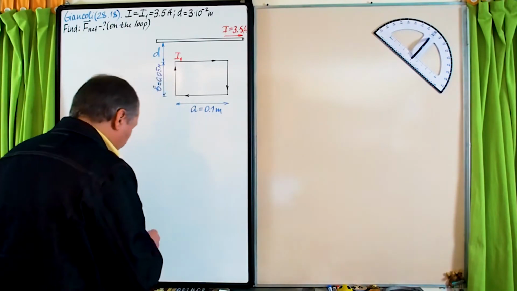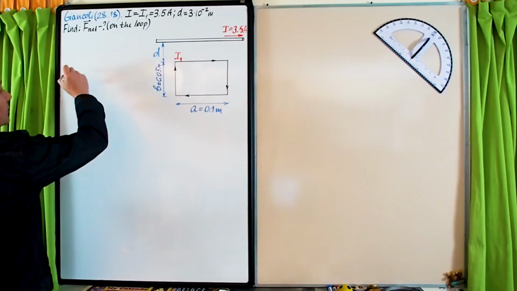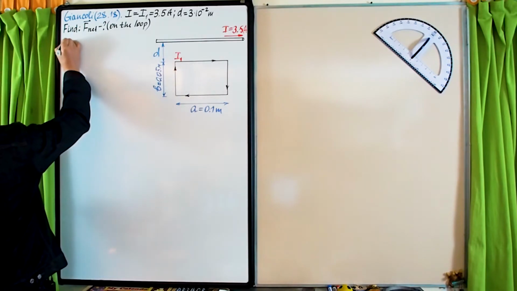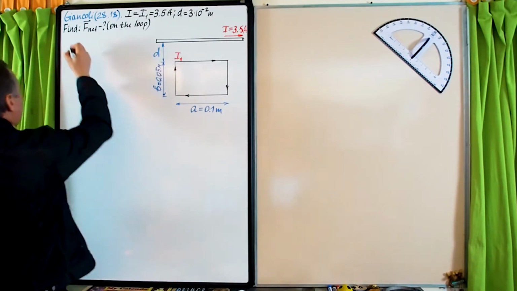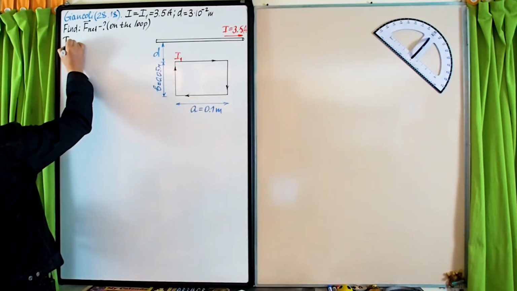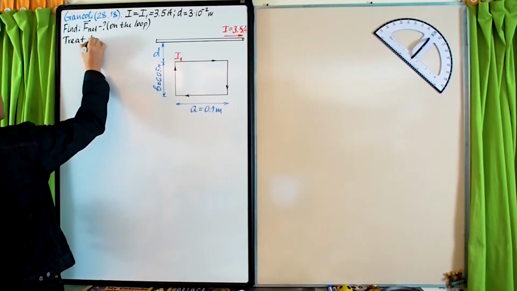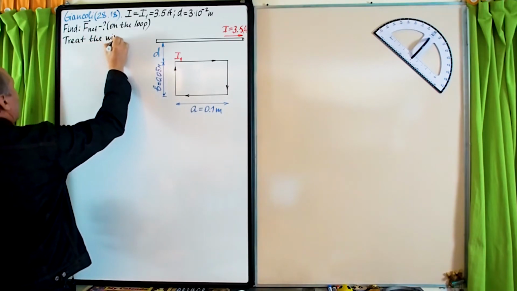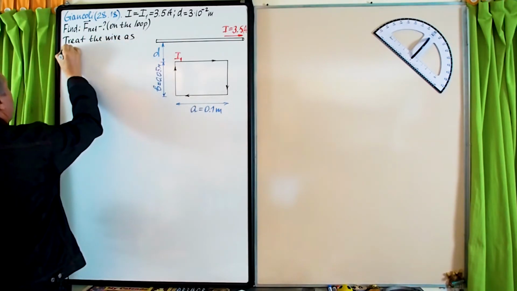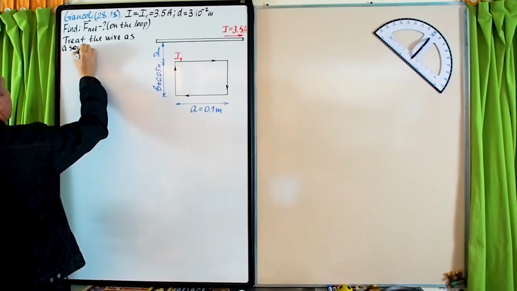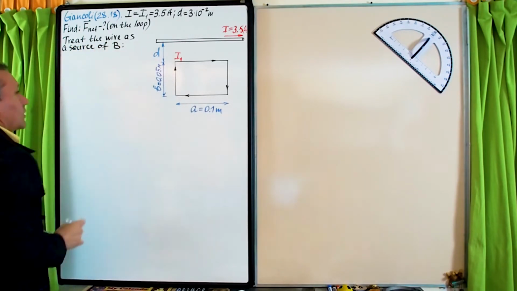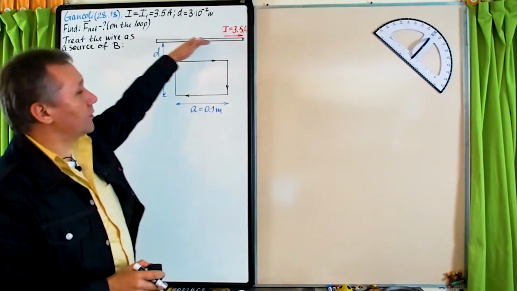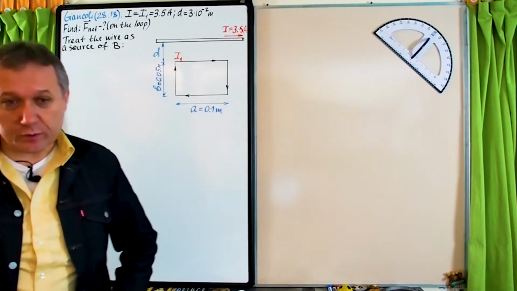All right, so let me write first: treat the wire as a source of magnetic field. Treat this infinitely long straight wire as a source of a magnetic field.